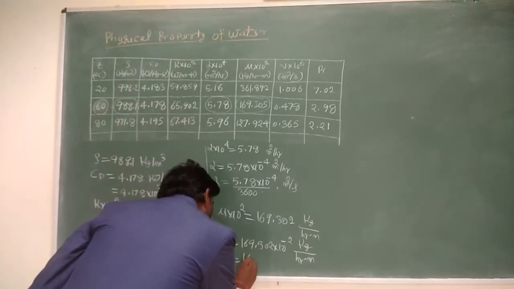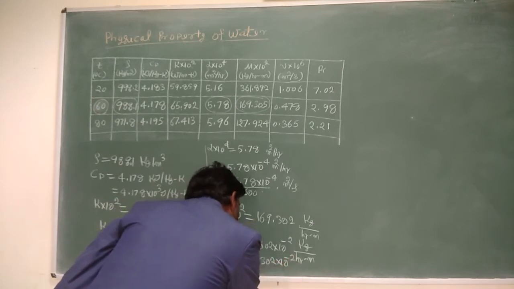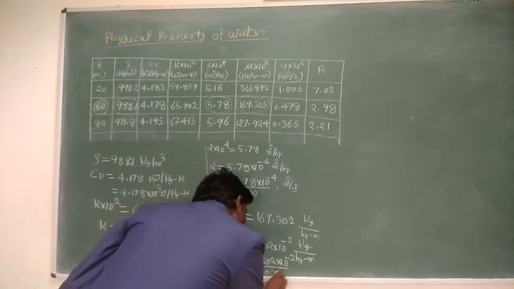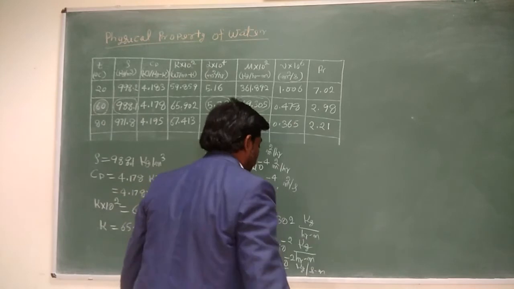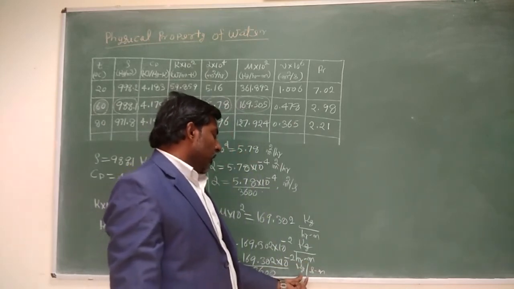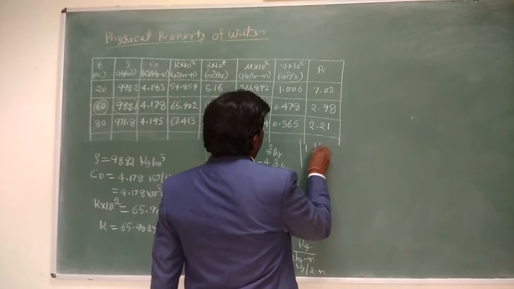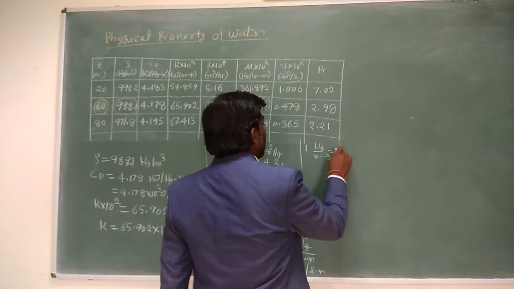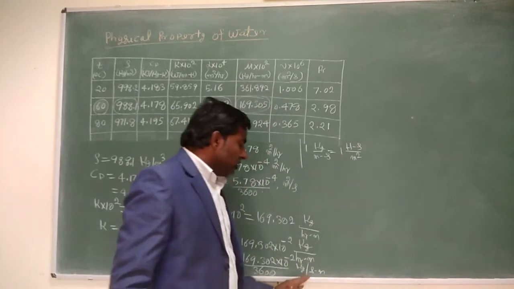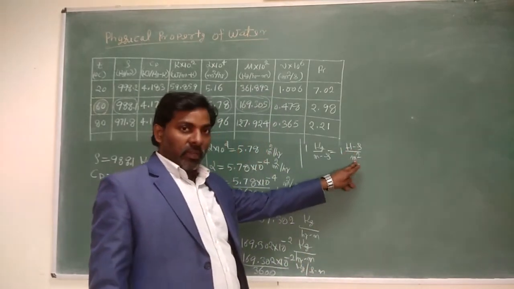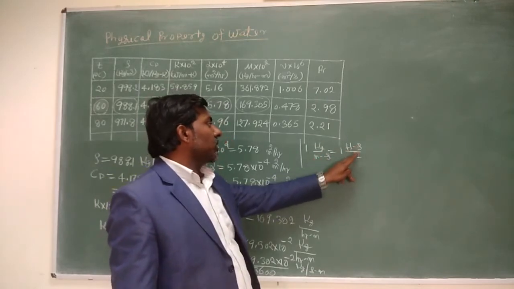So this will be 169.302 into 10 to the power minus 2 divided by 3600, then its unit will be kilogram per second meter. 1 kilogram per meter second is equal to 1 Newton second per meter square.